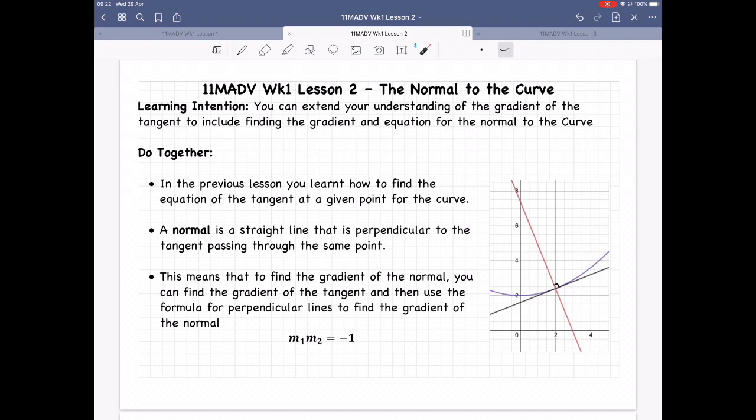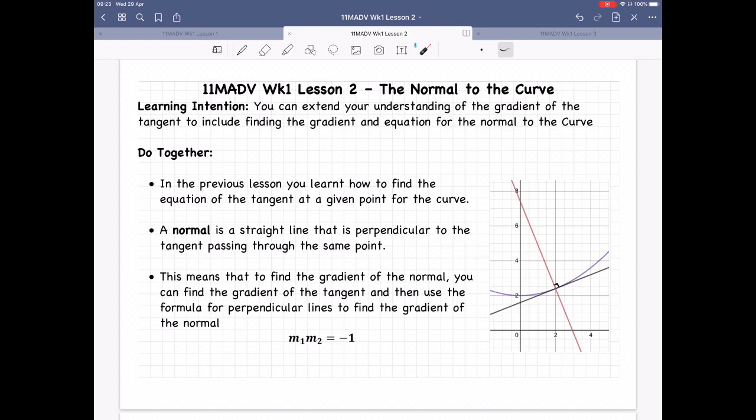point gradient formula. Now, we also know that a normal is a straight line that is perpendicular to a line, or in this case, the tangent. So our red line here shows us what our normal to the curve would be at that point. And normal means we have an angle of 90 degrees.